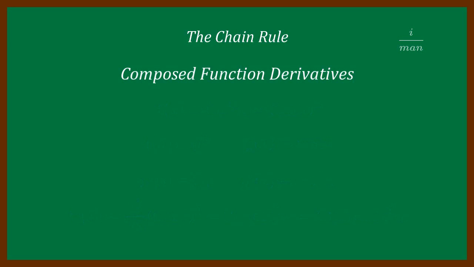Now let's do some examples with three functions. Suppose we have the expression f of x equals the expression 9x plus 2 squared plus 3 all cubed. Then we have three functions. F of g is g cubed.